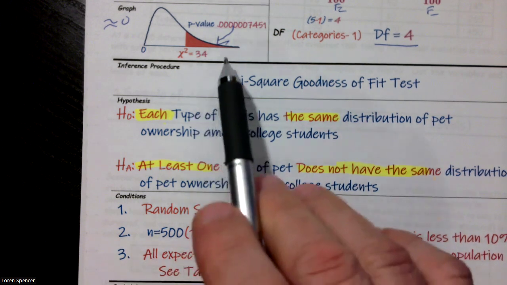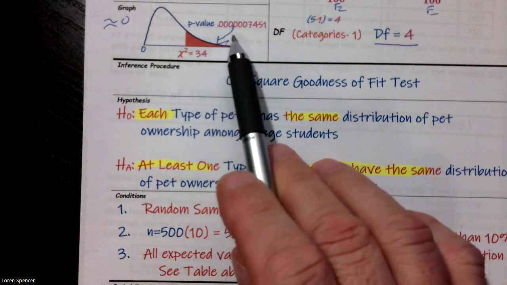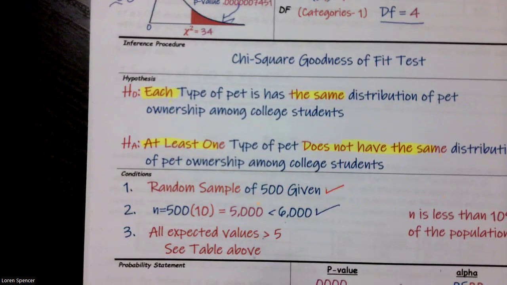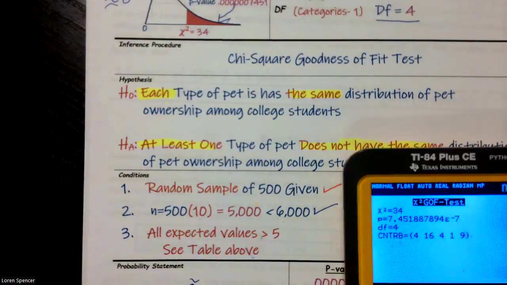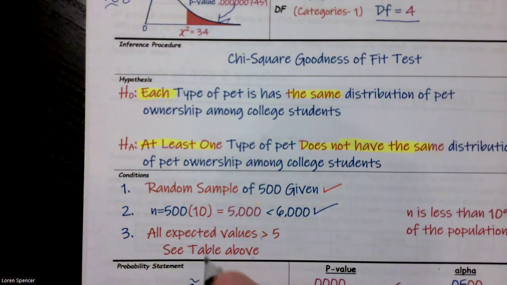The next thing, our chi-squared value is 34, and that gives approximately 0. Really, the actual value we got was 7.4518 e to the negative 7, which means 6 zeros.